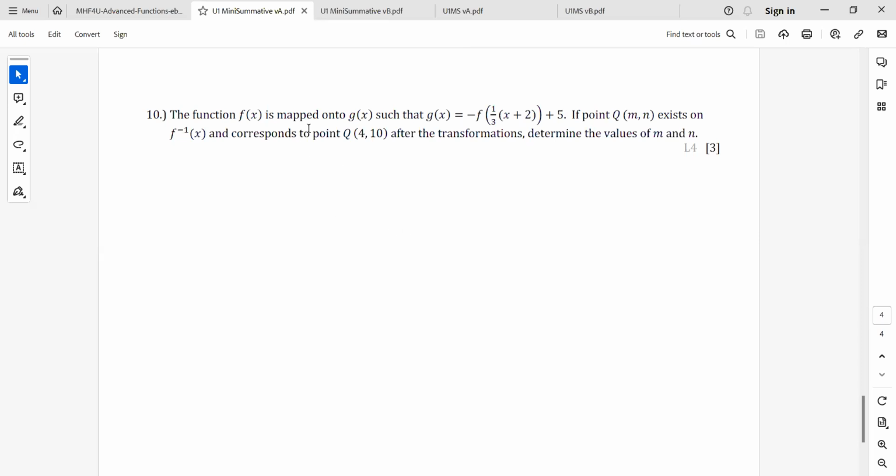The function f of x is mapped onto g of x such that g of x is this function. Now, the point (m, n) exists on f inverse x and corresponds to a point (4, 10) after the transformations. So, if a point (m, n) exists on f inverse x, it means the point (n, m) will exist on f of x.